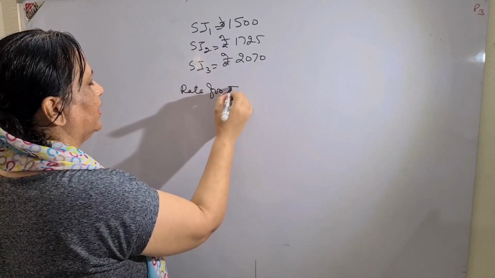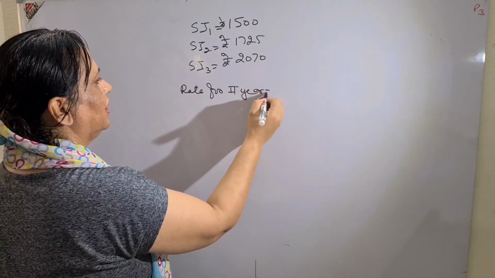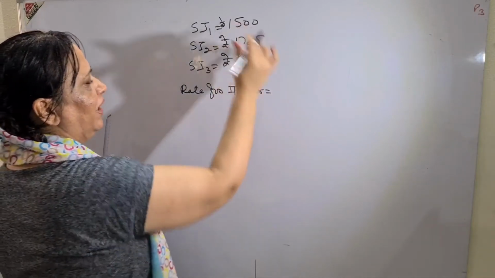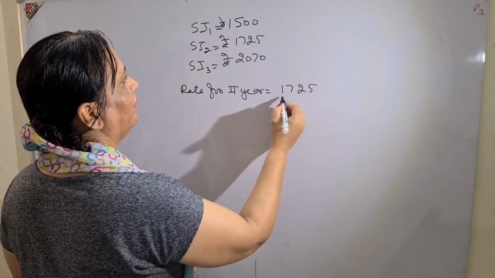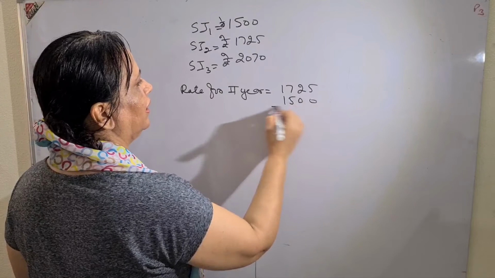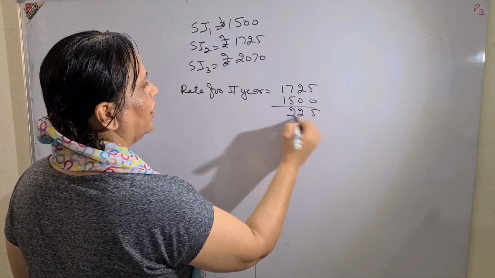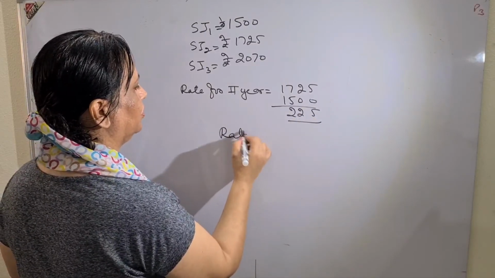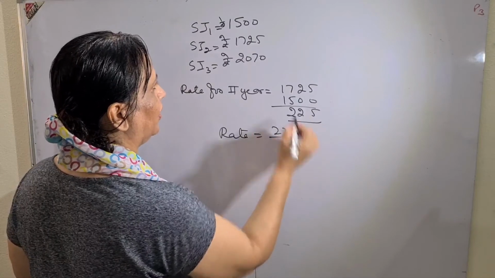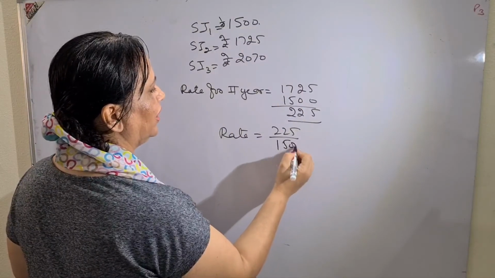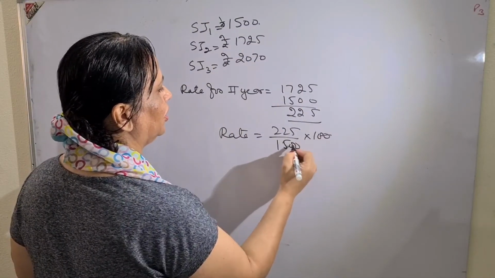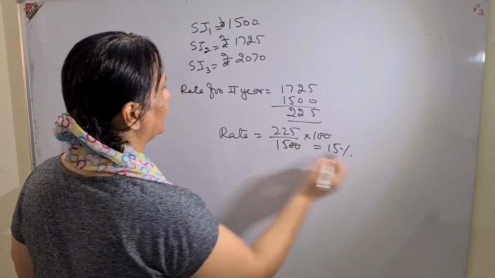Children, I have already given this to you. Just doing it with you again, you find the difference 1725 minus 1500, and rate will be equal to 225 upon the first one into 100. This I have explained before also. So first rate is 15%.